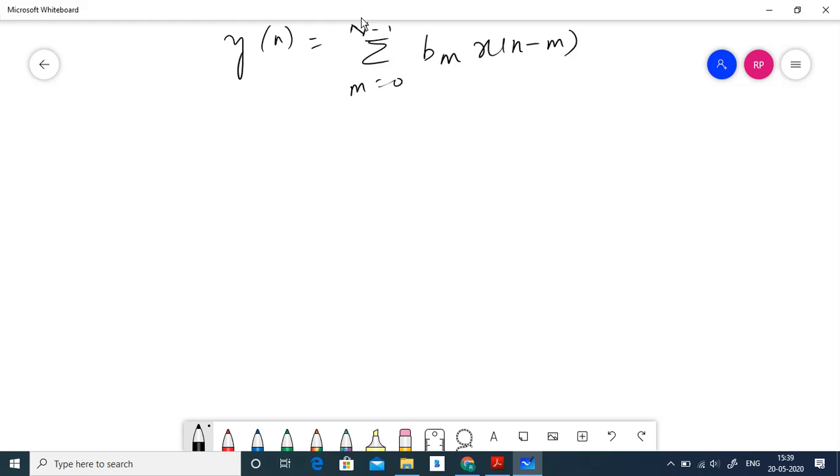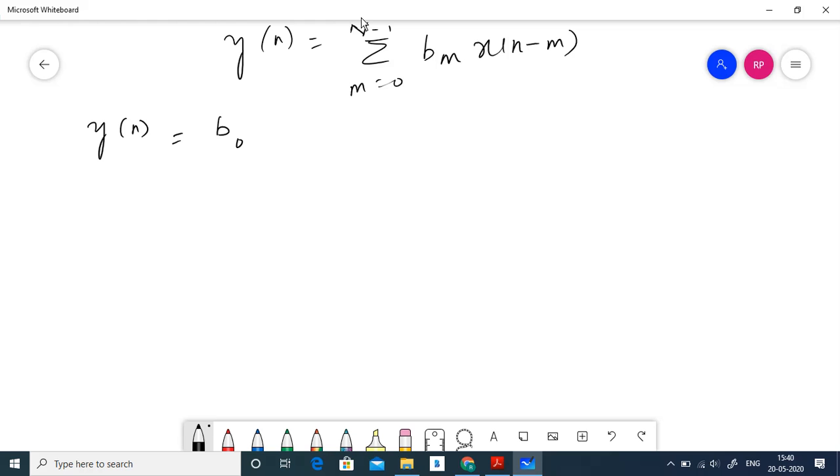Now I'm going to expand this summation for various values of m. We get y(n) is equal to, what is the first value of m? It is 0, right?